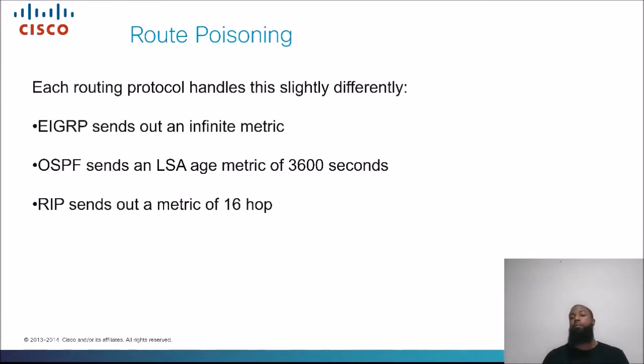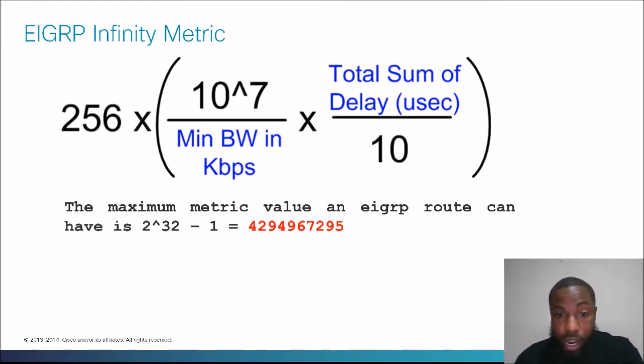Same thing with EIGRP. When a router receives an update that says, hey, the metric for this route is, actually, here's the number, this red number right here, basically when it receives that number in its update, it's like, oh, that's too far, and it's going to take it off its routing table.